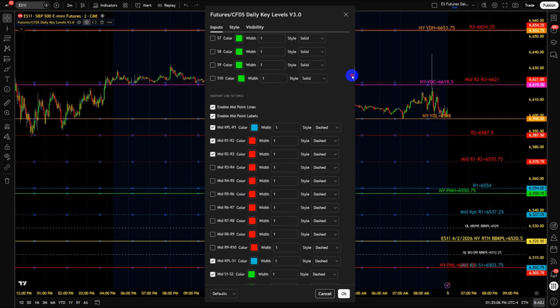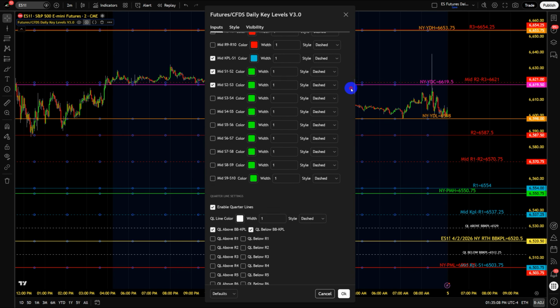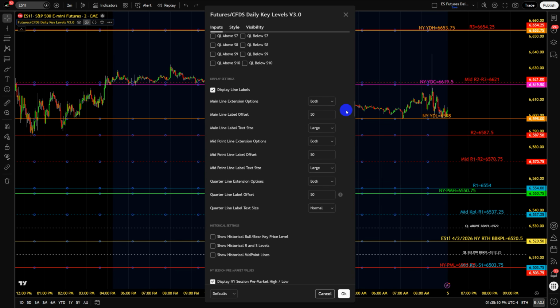The first thing you need to do is change everything to right only. So where it's both, you change this to right. That's because we want every session to be right only lines. If you leave it at both, it's just going to look very confusing and way too many lines. So you definitely have to change this to right.